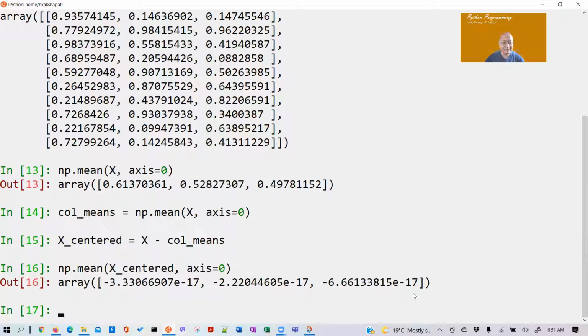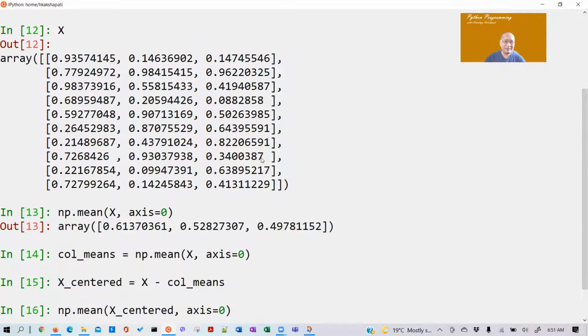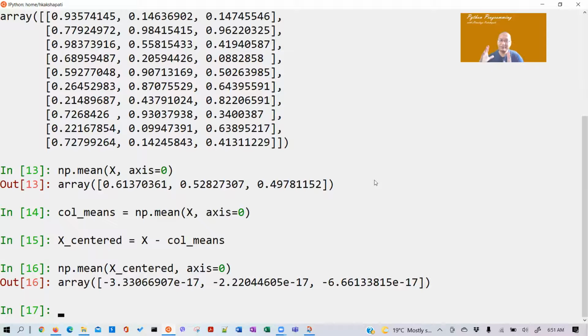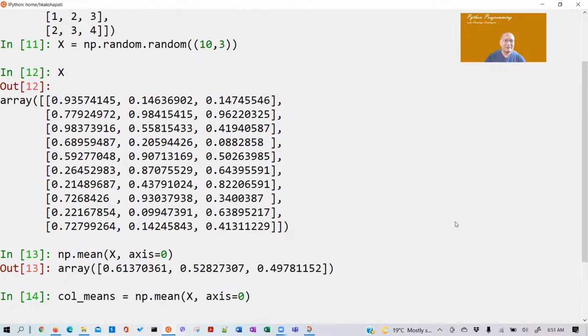They are 0, and effectively 0 is 10 to the minus 17, extremely close to 0, which is effectively 0. And you see what we did was we shifted the whole data so that effectively इसको mean पनि 0 भयो, इसको mean पनि 0 भयो, इसको mean पनि 0, right?